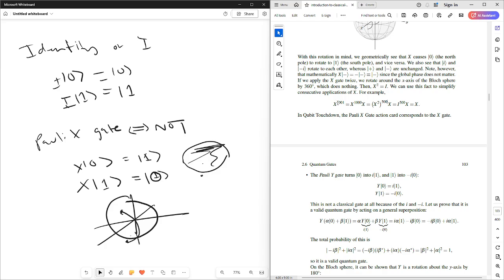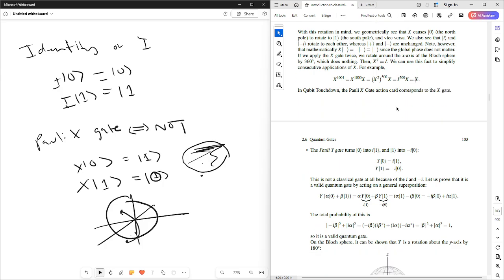For example, with this 1001, I think there was a question like this on a problem set or a knowledge check. It's just 500 double rotations and then a single. So a double X returns us back to where we were, so it's equivalent to an identity. So you basically have 500 identity gates and then 1 X at the end, which just equals an X.